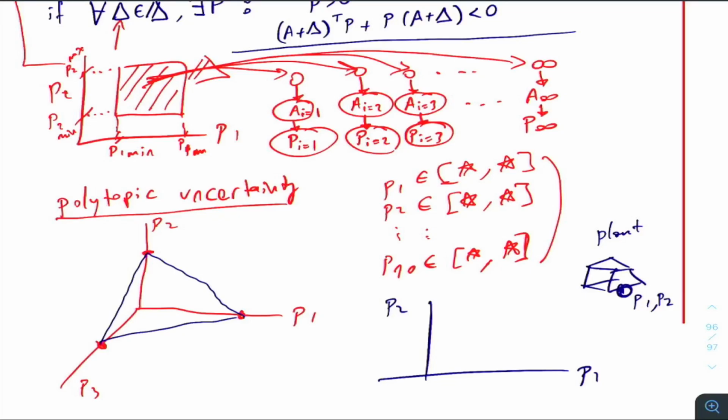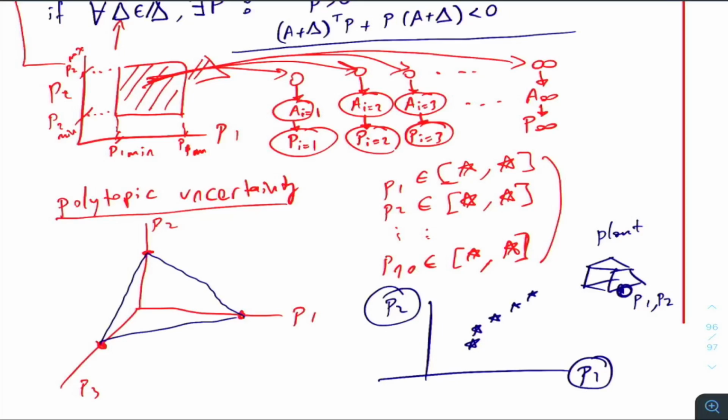You produce like 1,000 electrical motors from the manufacturing line, and you measure each one of those electrical motors, their P1 values and P2 values, and you plot it.